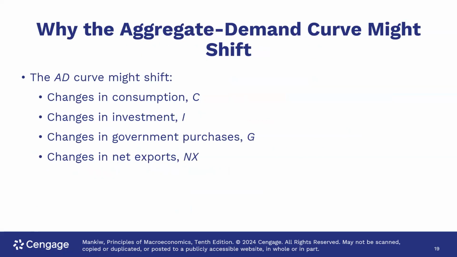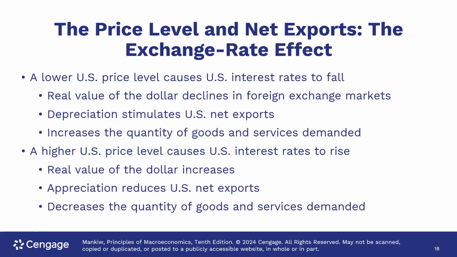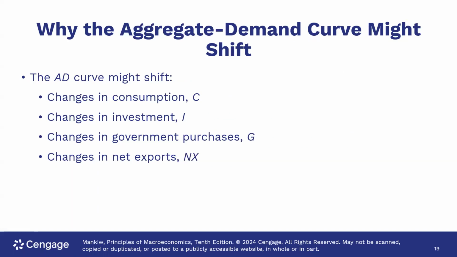So you will find that the aggregate demand will increase when the price level goes down. Okay, so it constitutes the aggregate demand curve. So for the entire aggregate demand curve, it may shift when anything happens to those four components.